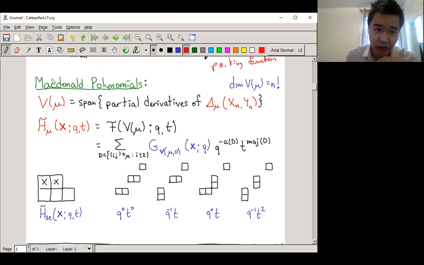In fact, Macdonald polynomials are known to be Schur positive just because LLT polynomials are known to be Schur positive. But I think it's only known that they're Schur positive via the expansion into LLT polynomials. So if we understand LLT polynomials a bit more combinatorially, then it'll tell us more about Macdonald polynomials.